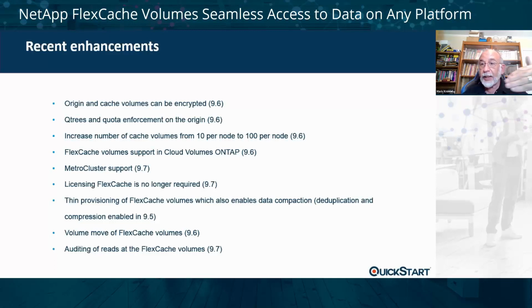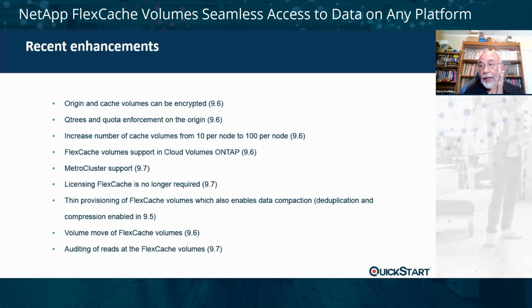But until recently, the cache had to be fully provisioned, which meant it could not do compaction. And I'm sorry I don't have time to really go into the meaning of all these various terms, but take the admin class, and I cover all this stuff. So as of 9.5, we can now thin provision the cache volumes, which means we can support compaction, which could save a lot of space, particularly if you are dealing with lots and lots of small files. Compaction makes a big difference.